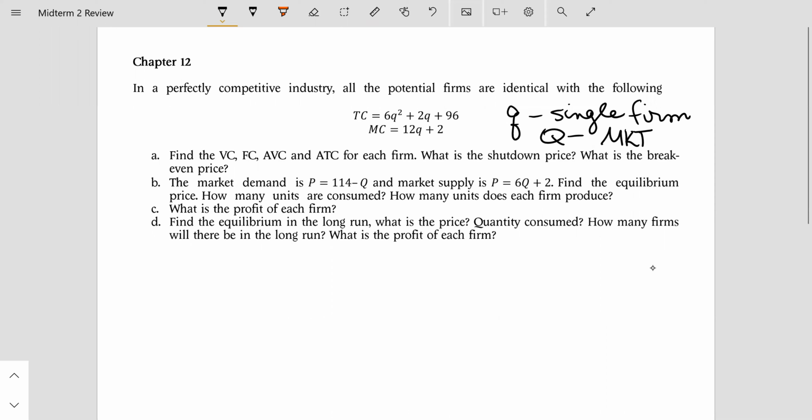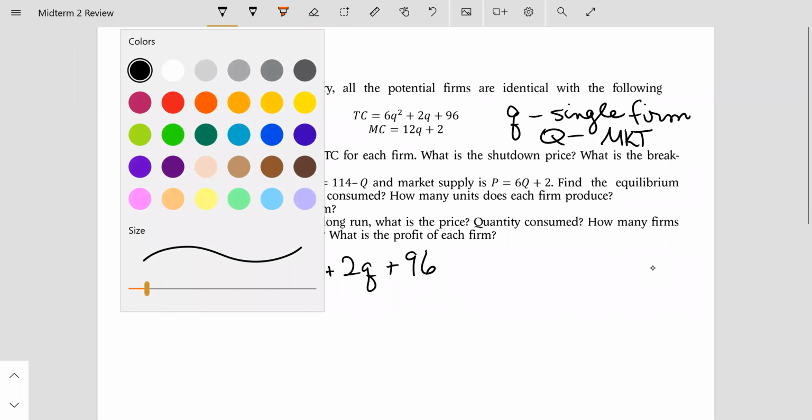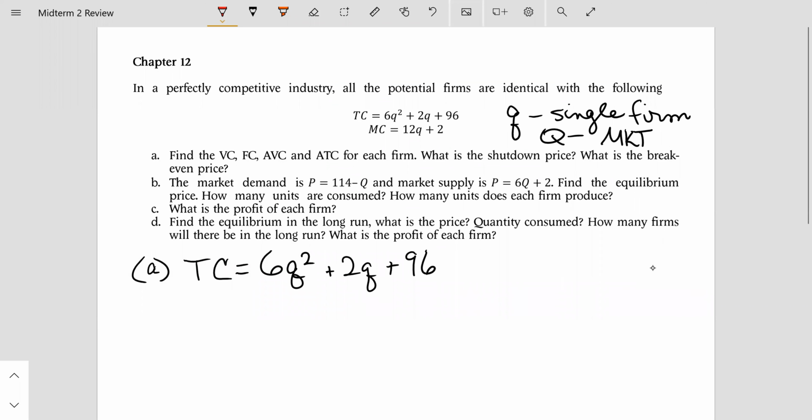So first consider total cost, which is equal to 6q squared plus 2q plus 96. The part with the variable is the variable cost, and the non-variable is the fixed cost. Easy enough.